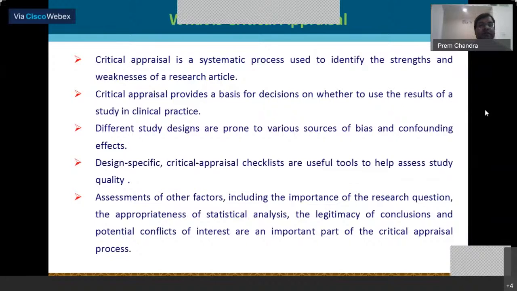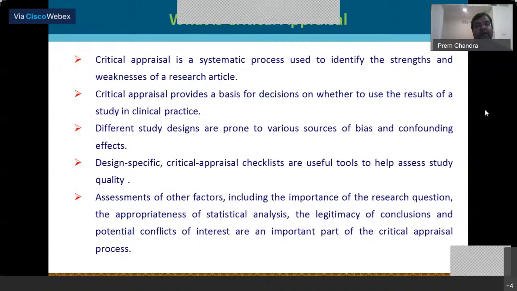In very simple terms, critical appraisal is a systematic process used to identify the strengths and weaknesses of a research article, mainly focusing on the methodological part.